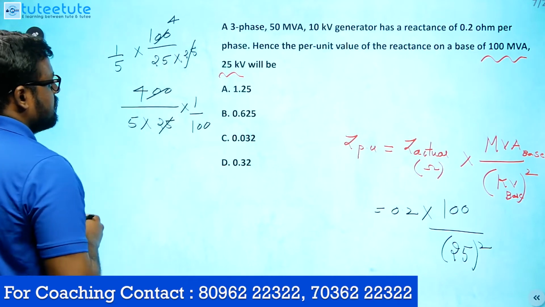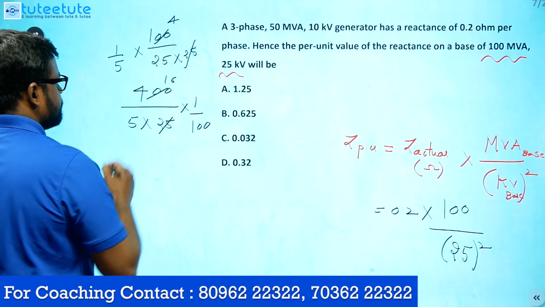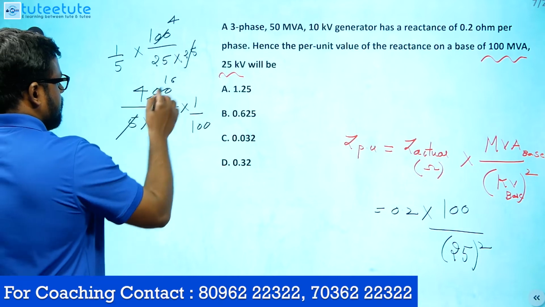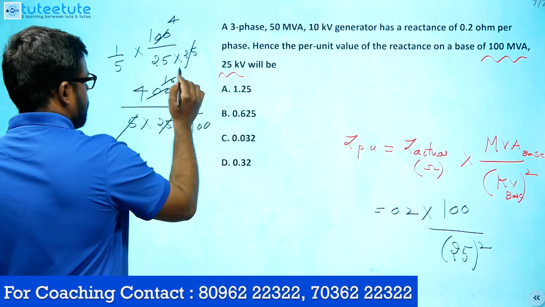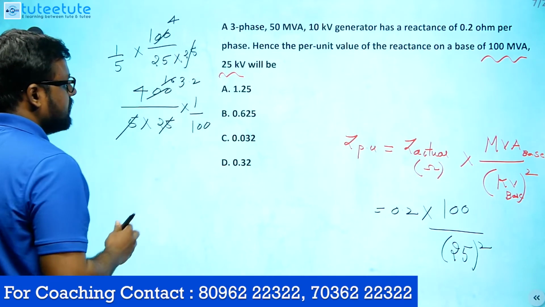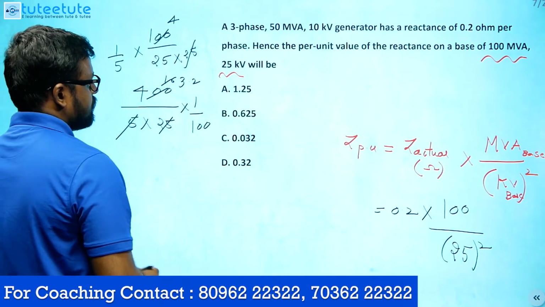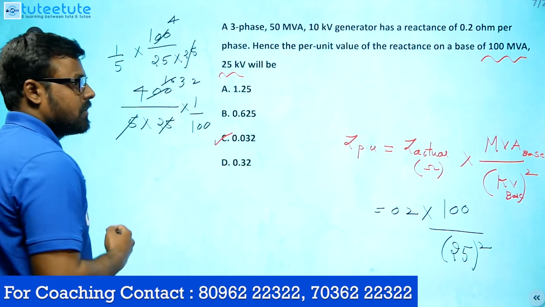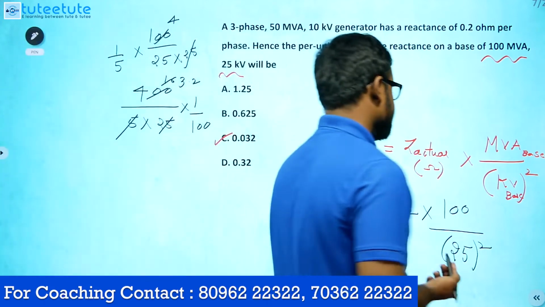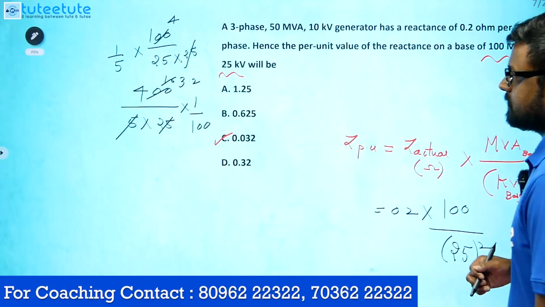So therefore this is 16 times, 3.2. So 3.2 divided by 100, which is 0.032. Right. So that is the answer. It's just a matter of calculation.